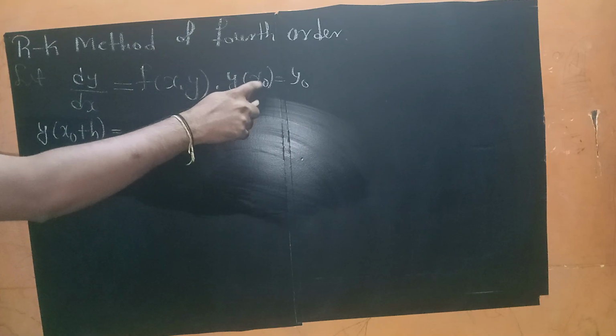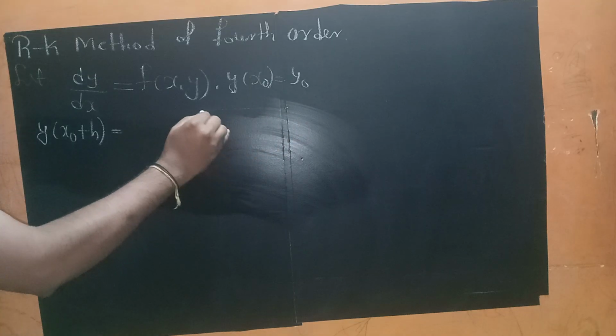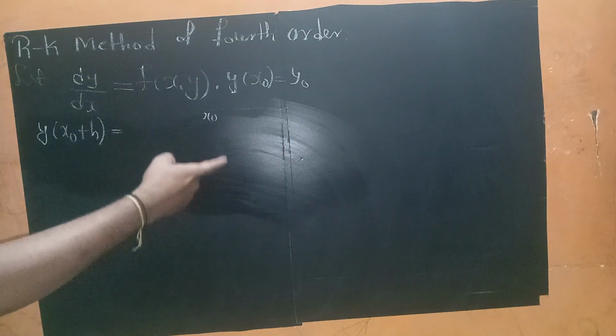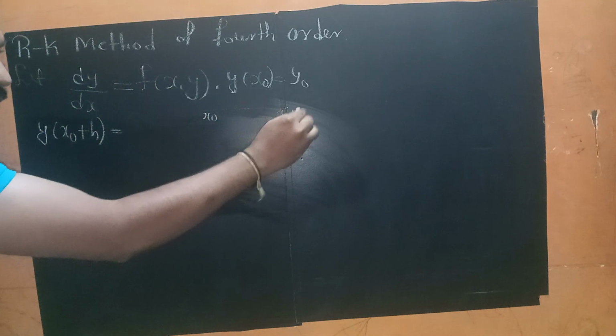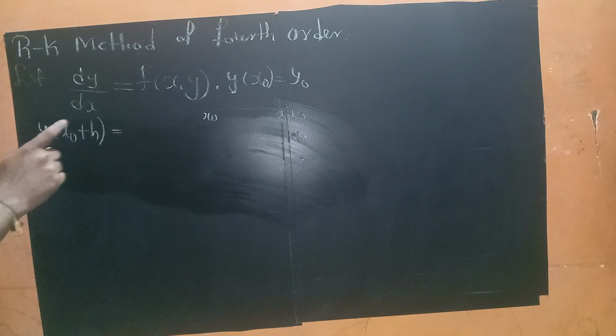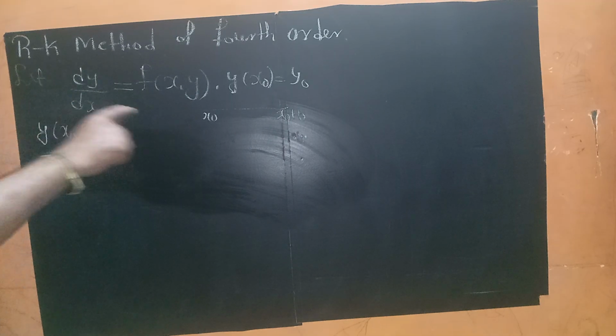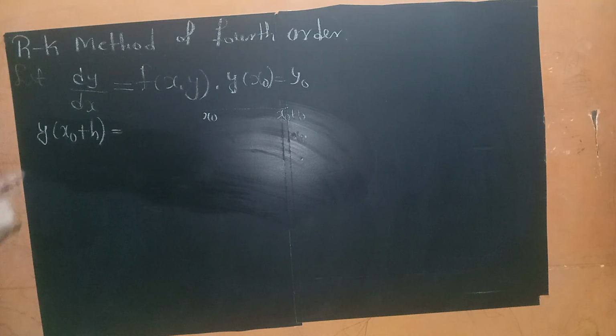See, y is defined at x naught, which is usually the starting point. This is x naught, and x naught plus h means the next point after x naught. Here h indicates some increment or decrement, usually increment. Now we are finding the next value of the function at that particular point, that is x naught plus h.